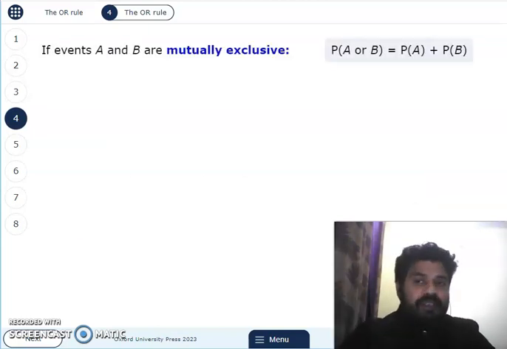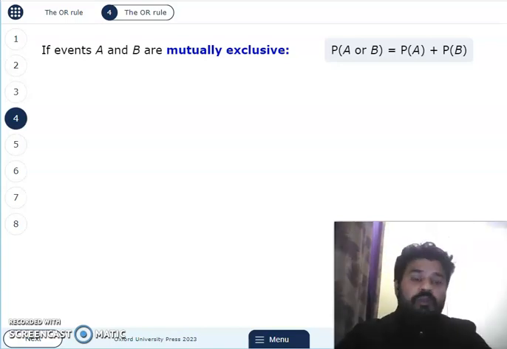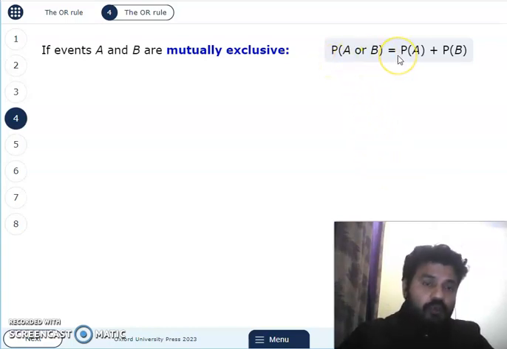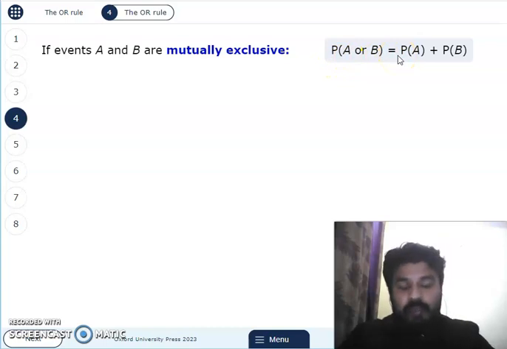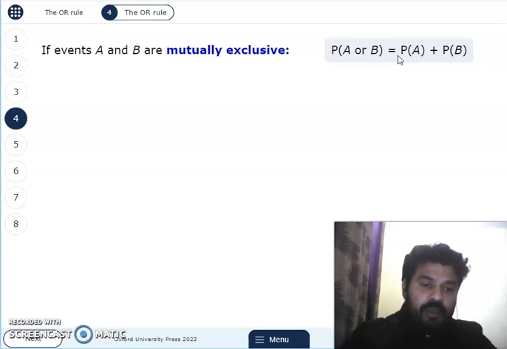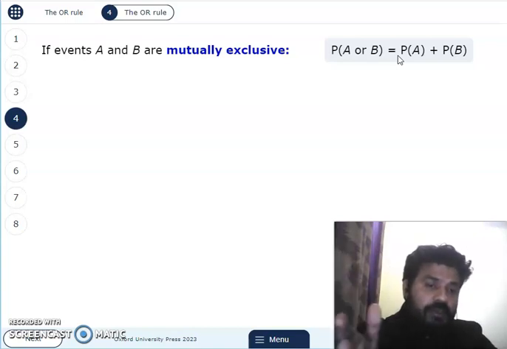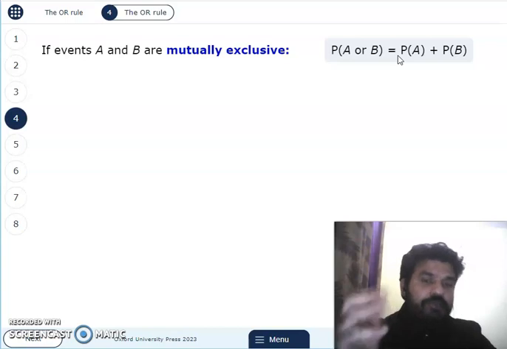So if events A and B are mutually exclusive, then that rule is called the OR rule. So P, probability of A or B, is equal to P(A) plus P(B). That means the sum of the separate probabilities. What we did in the last question: the probability of getting an odd number plus the probability of getting a 6.